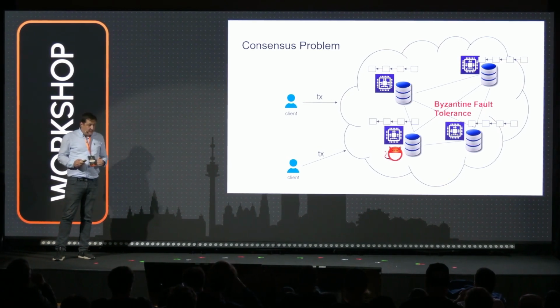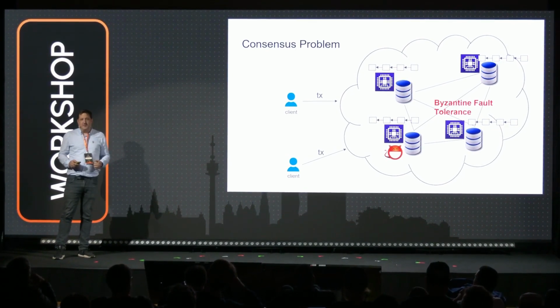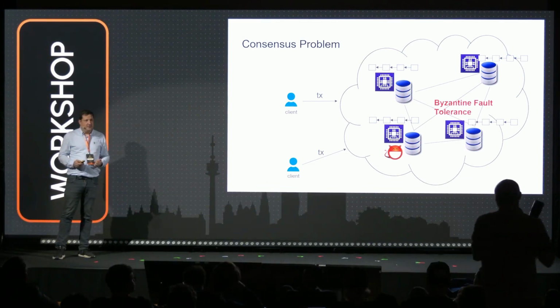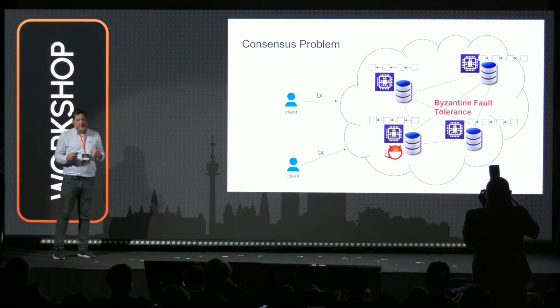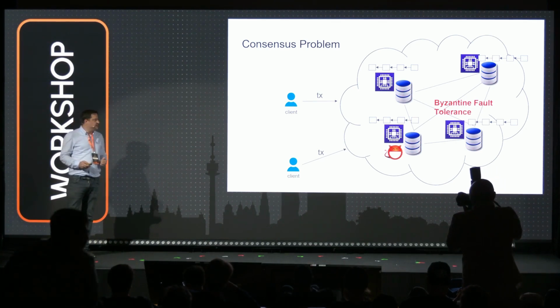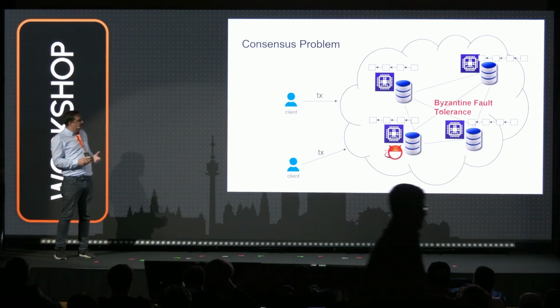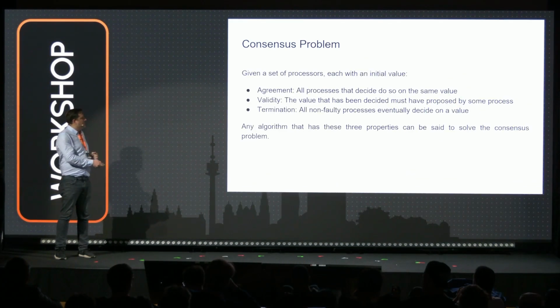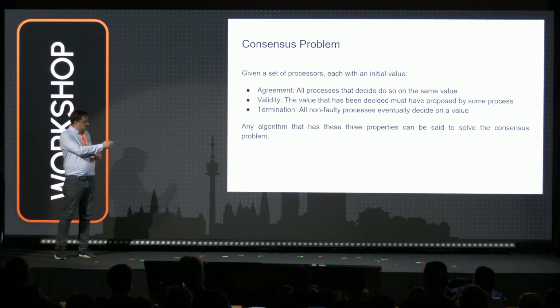And in the literature previously, this was seen as maybe a software error, but as you know, in the blockchain world, this is usually some kind of hacker trying to exploit the network for financial gain. So even with these happening, we still need this consistency. And so this is the theoretical problem.